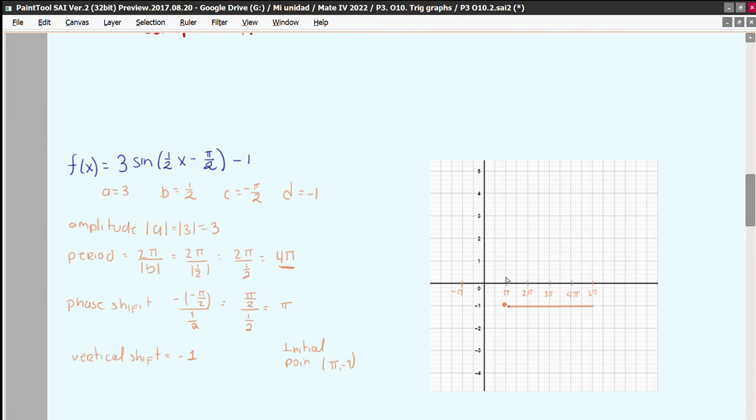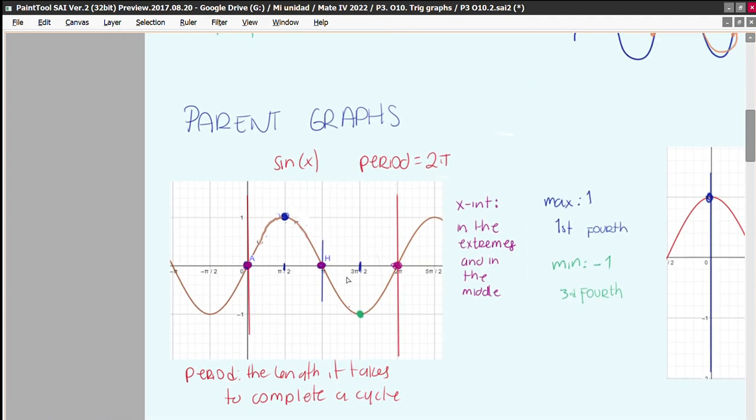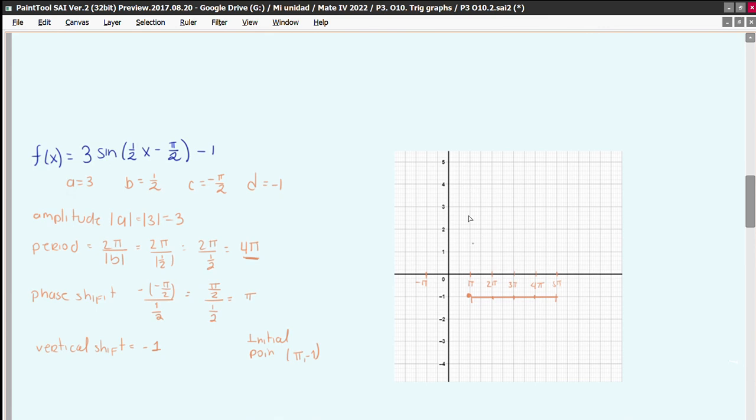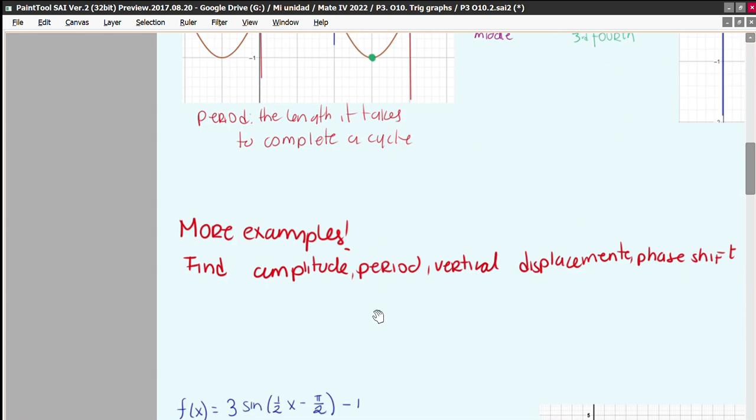So I'm going to divide this period in 4 parts. One in the middle, and one in the middle of each middle. From here, I'm just going to graph my important points. So my x-intercepts, I know that are in the extremes and in the middle, meaning that my function has to touch these points. And I know that for sine, in the first fourth, it has its maximum, and in the third fourth, it has its minimum.